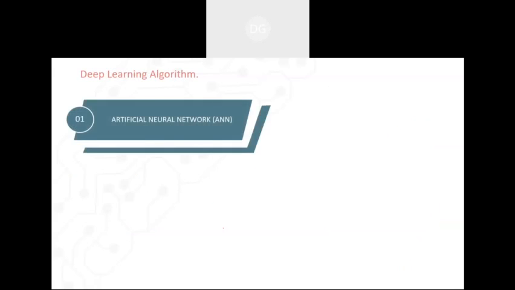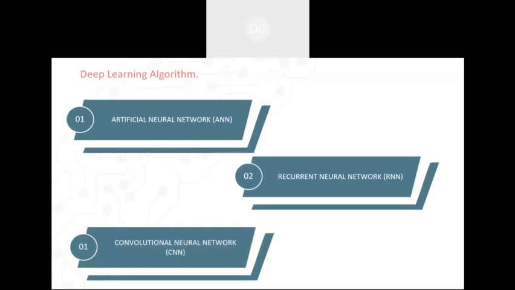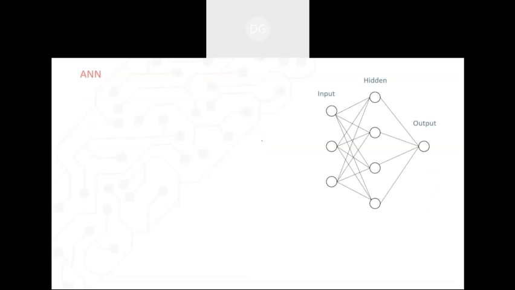So when you go for algorithms of deep learning, we have very few basic algorithms, which are artificial neural network, recurrent neural network, as well as convolutional neural network. When you go for the artificial neural network, it is composed of four basic principles.